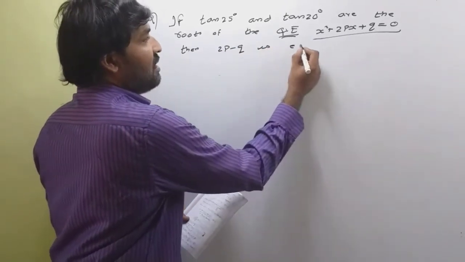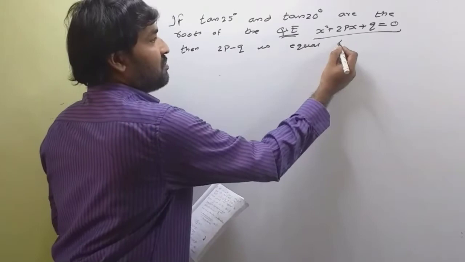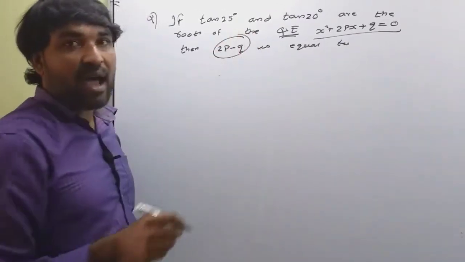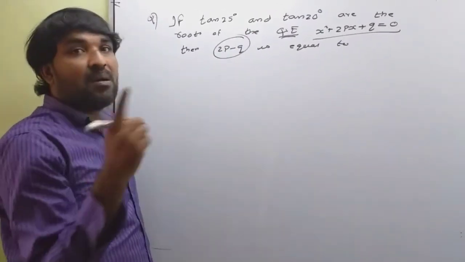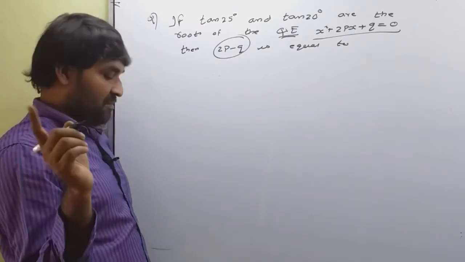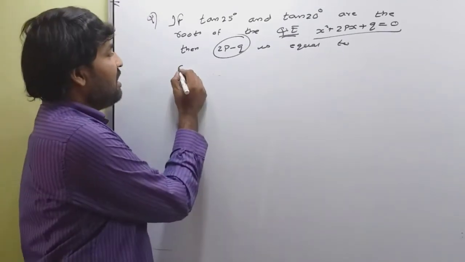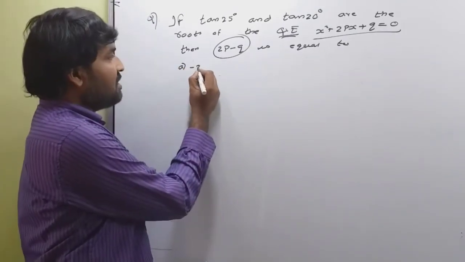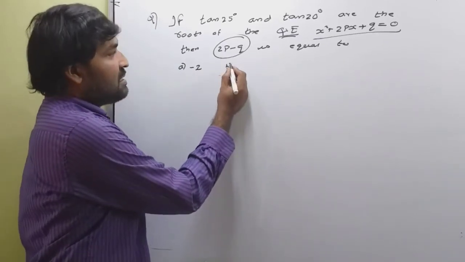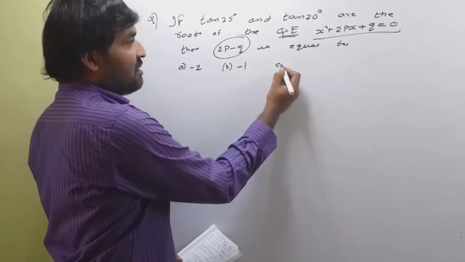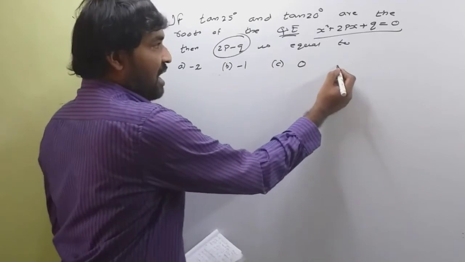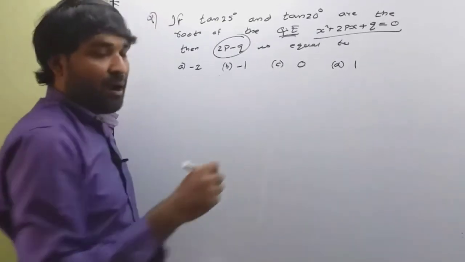What is the value of 2p minus q? The choices given are A minus 2, B minus 1, C 0, and D 1.